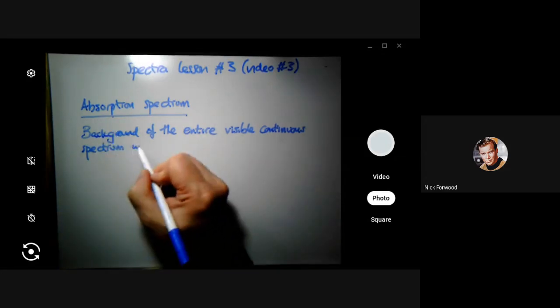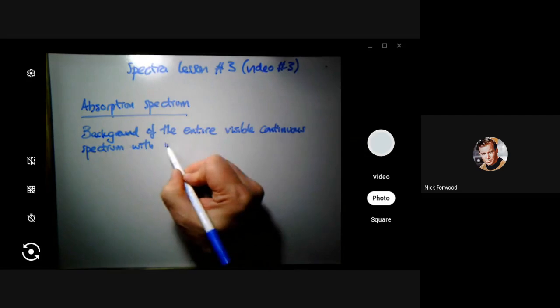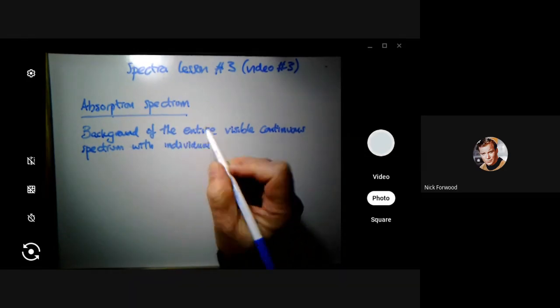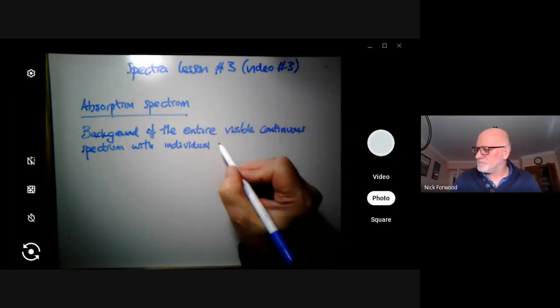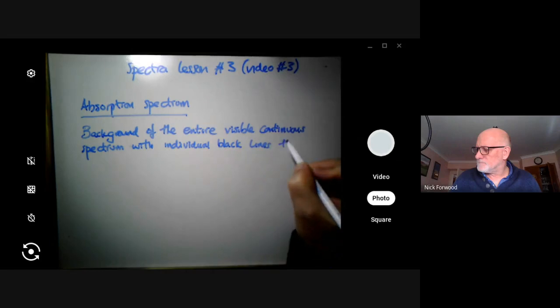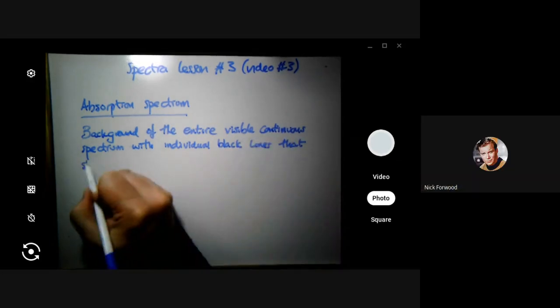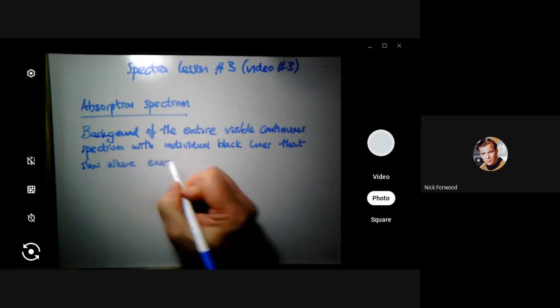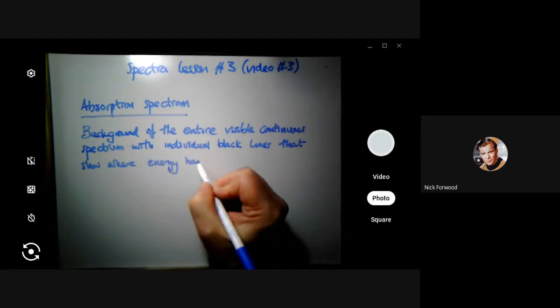With individual black lines that show where energy has been absorbed.